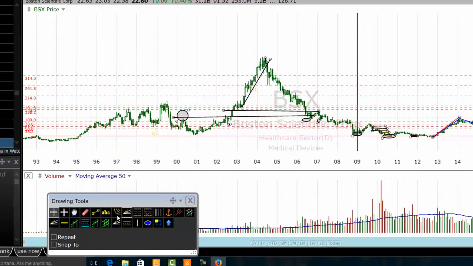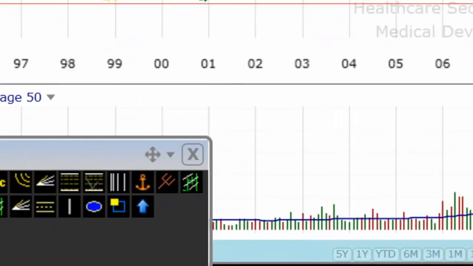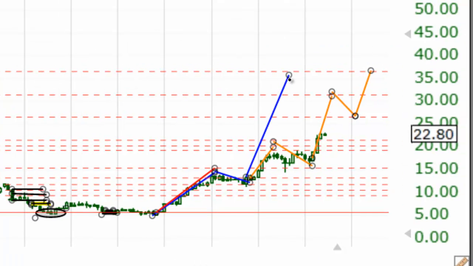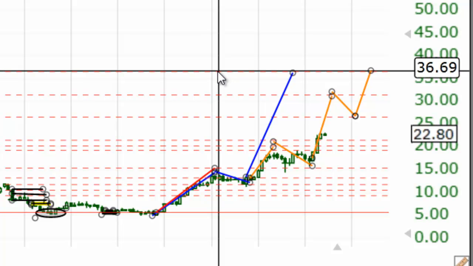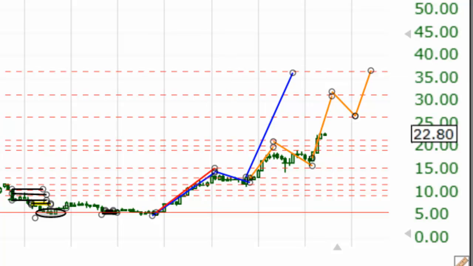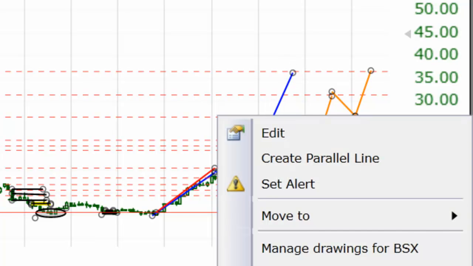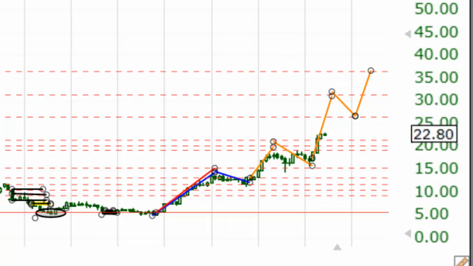So my expectation is that if I label this one first wave and this one here second wave, the third Elliott wave has a high chance to continue to go up all the way to this point here. The price level that we are talking about is $36.69. Will it reach that level? That remains to be seen. George, are you saying that definitely the price will go there?